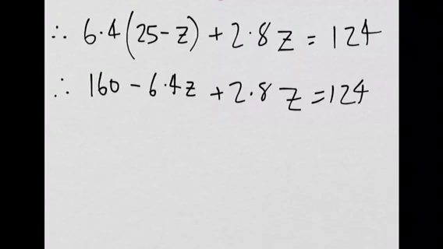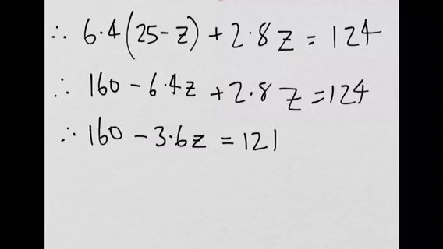Then we have negative 6.4Z plus 2.8Z. Let's stick that in the calculator. 2.8 minus 6.4 is negative 3.6. So 160 minus 3.6Z. That's a bit neater than my last line. That was just collecting these two terms, and back here I just expanded that out.